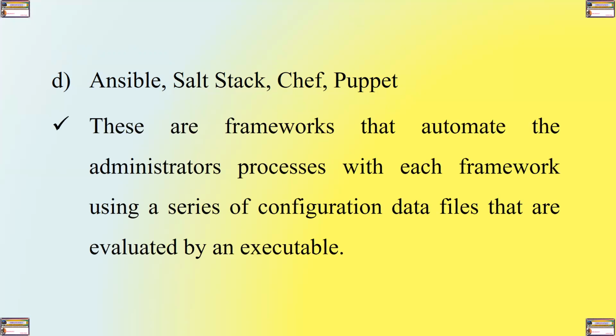Number four is Ansible, Saltstack, Chef, or Puppet. These are frameworks that automate the administrator's processes, with each framework using a series of configuration data files that are evaluated by an executable.